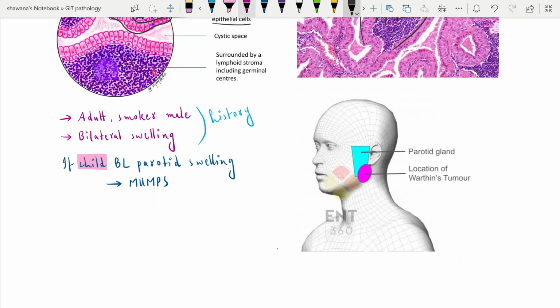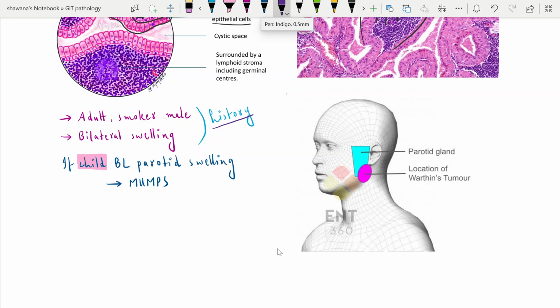But the classical case in which the examiners are going to ask you is an adult smoker male. This is a very classical history, with bilateral parotid swelling. It means that a smoker male of 30 or 40 years old will come to you with bilateral parotid swelling, and you must suspect Warthin's tumor.